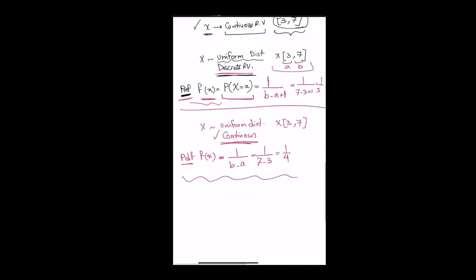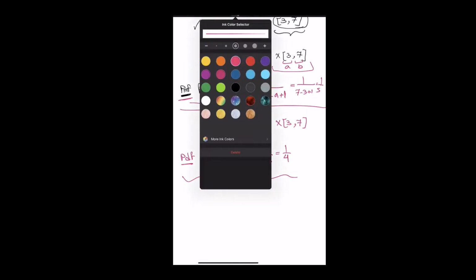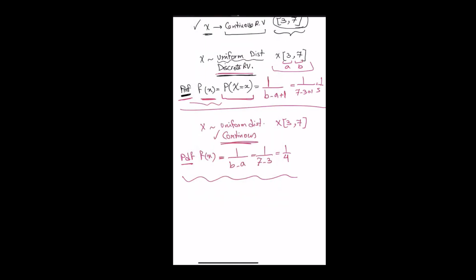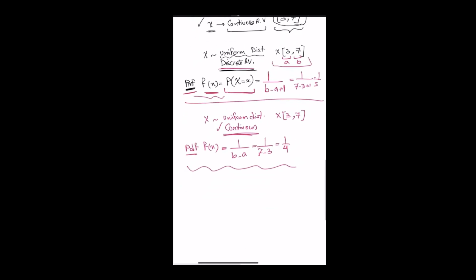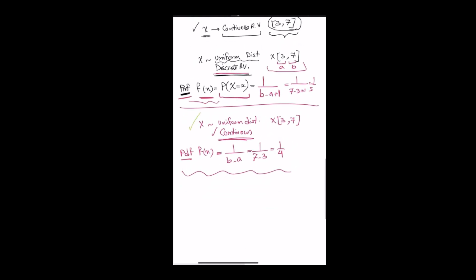And one very, very important thing, again, if you take one thing out of this class, this also should be one of those. Assume x is a continuous random variable and has uniform distribution. What is the probability of x equals, let's say, 4?